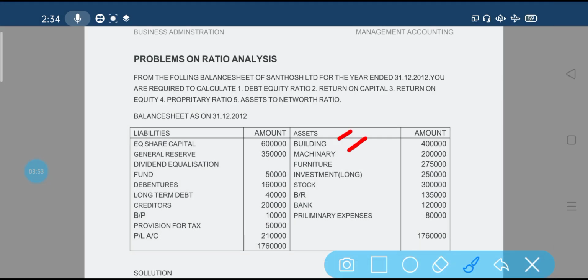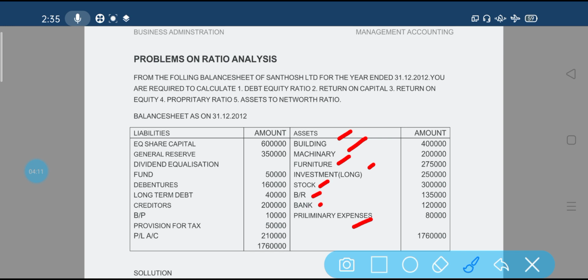Building, machinery, furniture and long term investments are fixed assets; stock, bills receivable and bank are current assets. The preliminary expenses are left, and they are considered as fictitious assets.